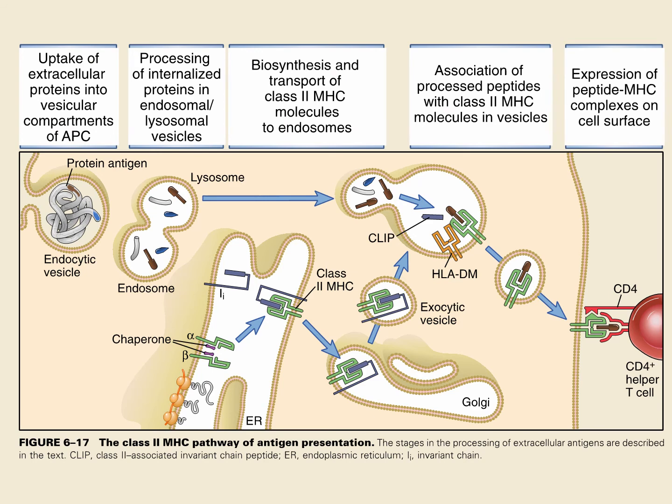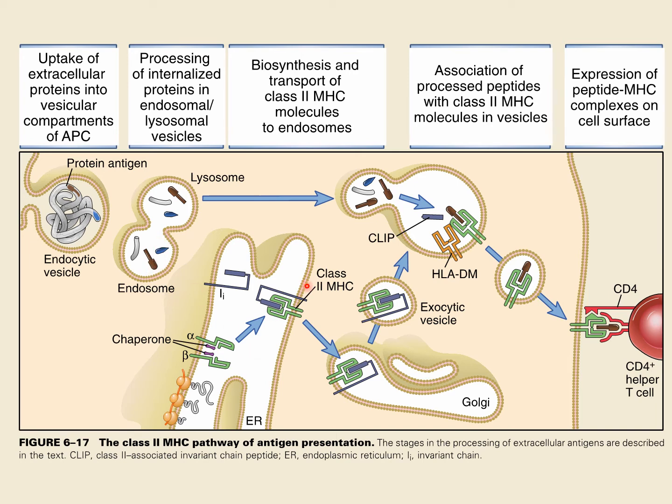In this figure, a summary of the class 2 MHC pathway of antigen presentation is shown. The first step is the uptake of the extracellular protein into the vesicular compartment of the antigen presenting cell. These endosomes then fuse with lysosomes as a second step, and the antigenic protein is degraded into peptides.